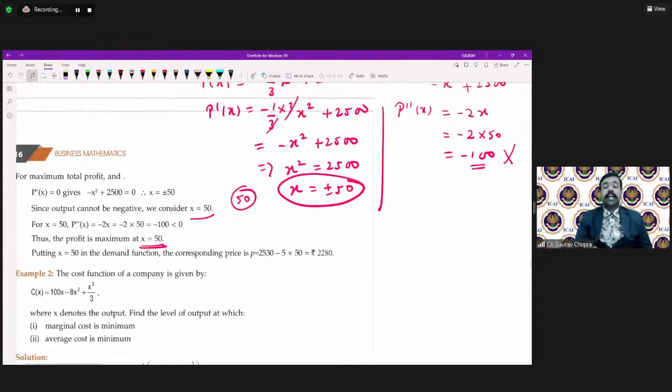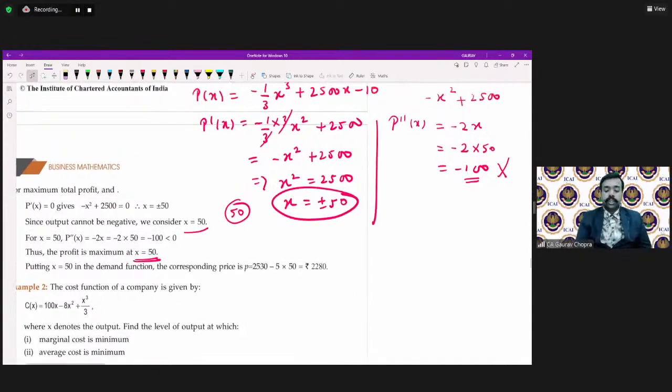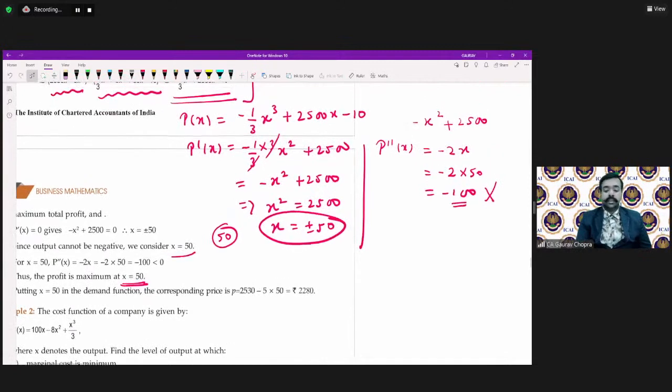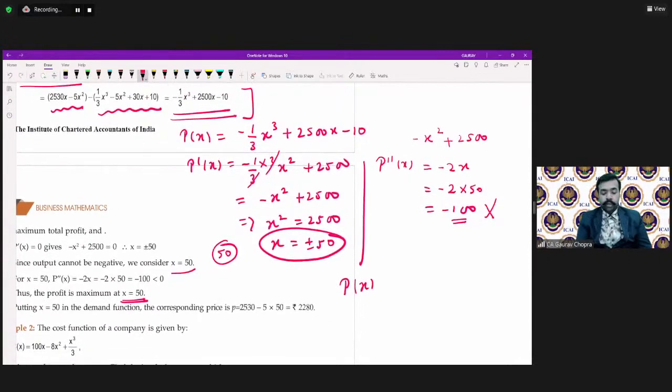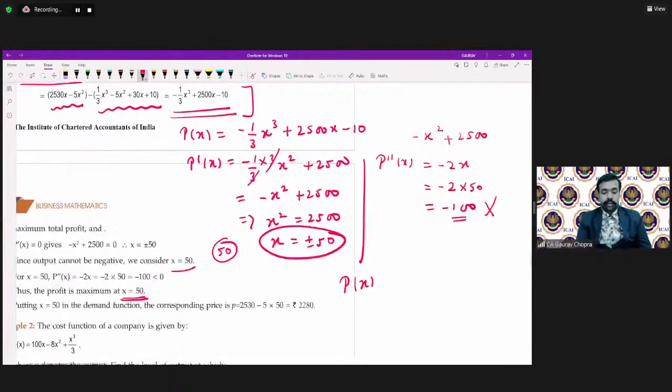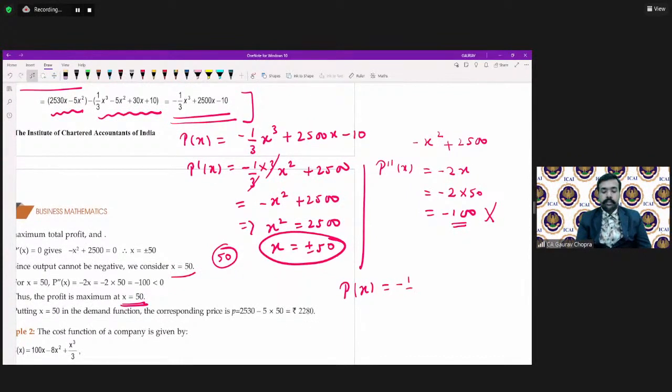If we have to find out the total profit, X is the quantity, and we can write the profit function first. How much was the profit function? Px is equal to minus 1 by 3 x cube plus 2500x and then minus 10.